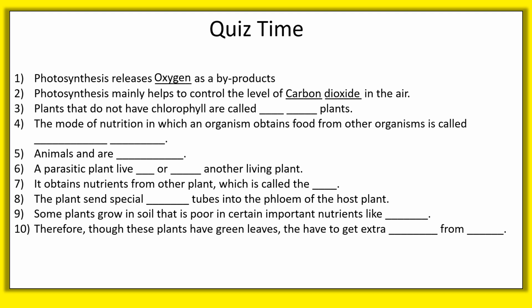Question number 3. Plants that do not have chlorophyll are called dash plants. The time is over and the answer is non-green plants. Fourth, the mode of nutrition in which an organism obtains food from other organisms is called dash.